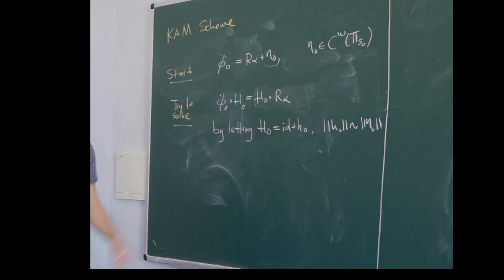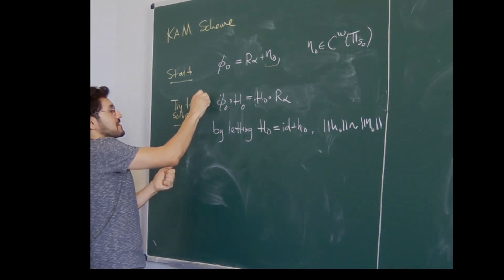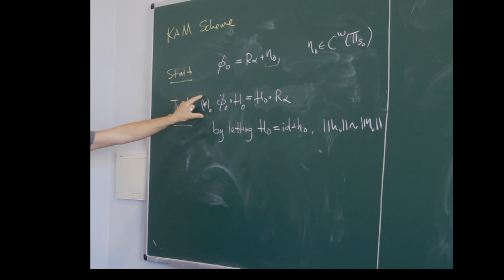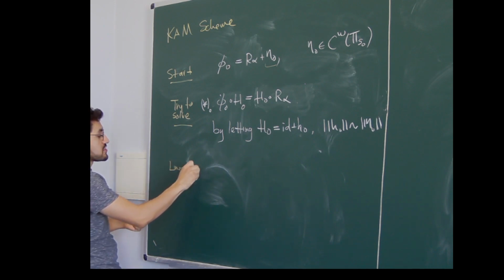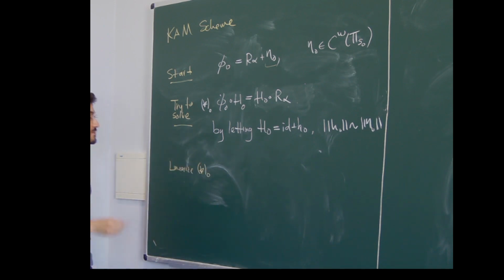So you try to solve this. There's an intermediate step, which is failing to do this, because usually you cannot. Let me call this equation star 0. You will not be able to find a solution right away. So what you do after is to linearize this equation and solve it.